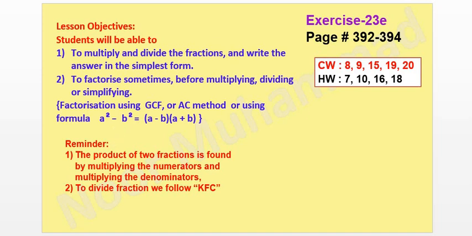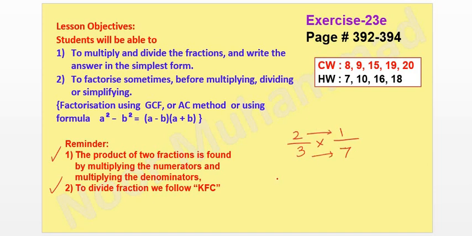If you remember, when we did the addition, multiplication and division of fractions in chapter 1, we kept these rules in our mind. The product of two fractions is found by multiplying the numerators and multiplying the denominators. So we multiply the numerator with the numerator and the denominator with the denominator, straight across.